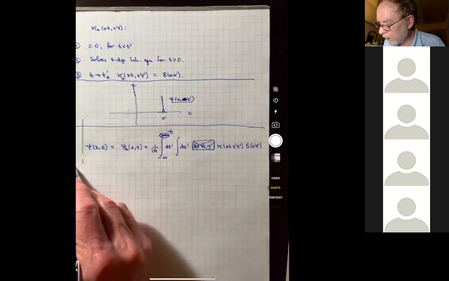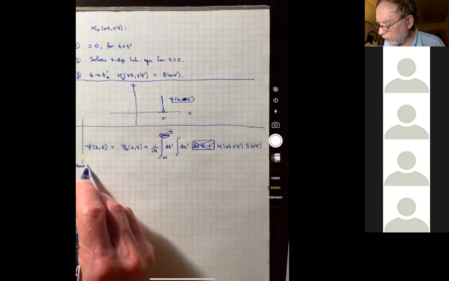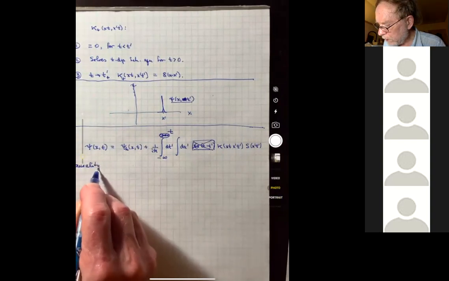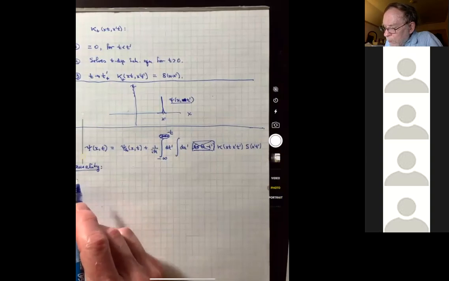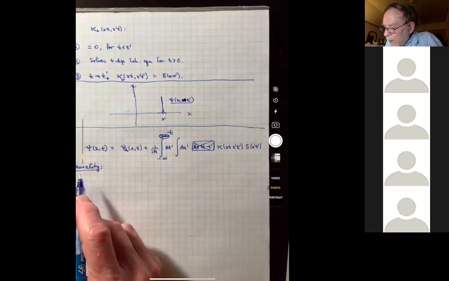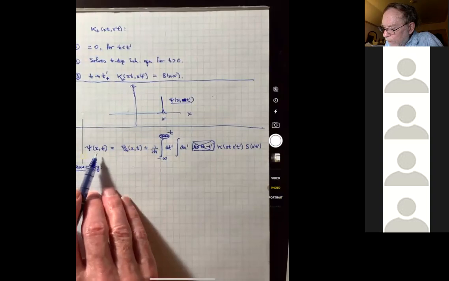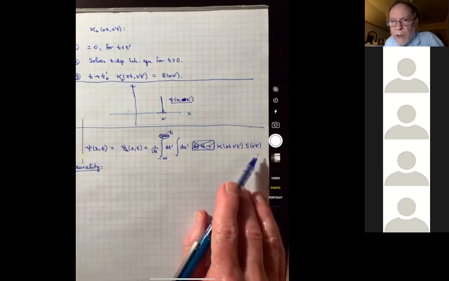Now I'd like to take this expression and impose the condition of what's called causality. Causality is a principle which, if we impose it, means that the final wave field can't be non-zero until the source is turned on.